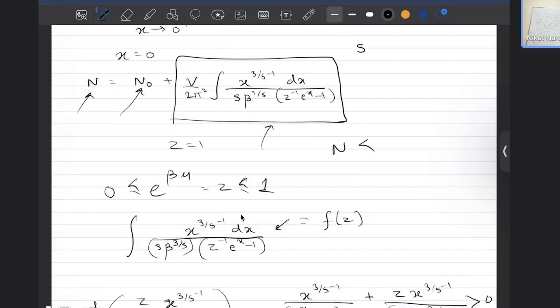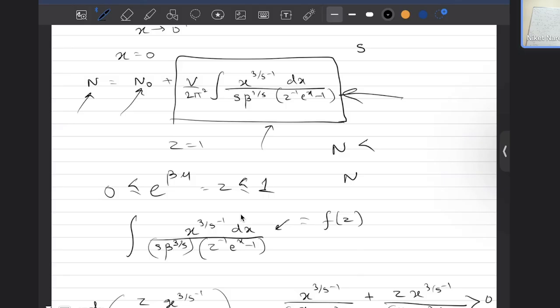The point is, when the value of my capital N starts increasing, so that the number that I get from this integration is lesser than the total value of n, I hope the point is clear. What I'm trying to say is that the maximum value of this function that I've boxed here is at z equal to 1.